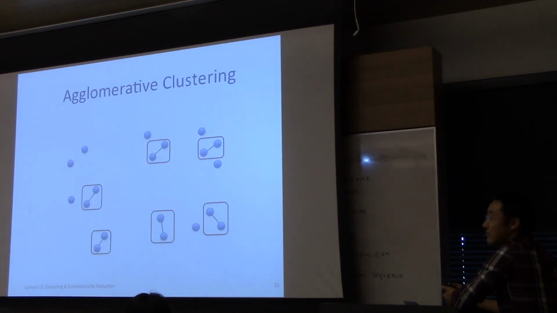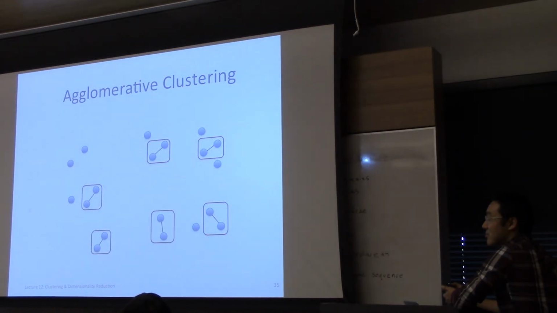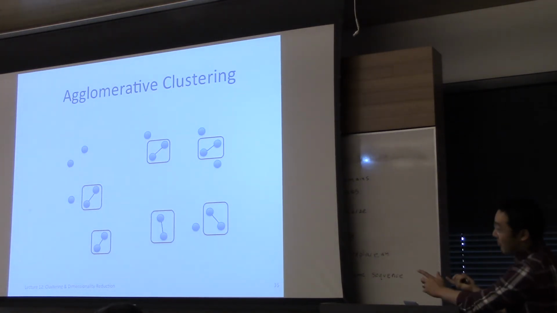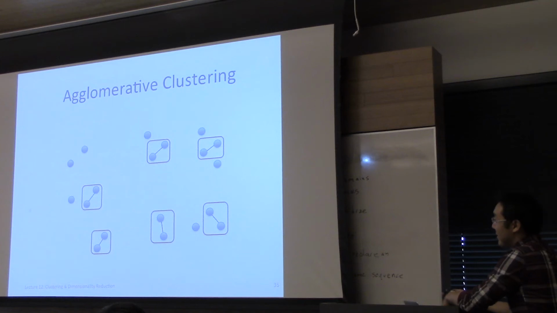So when you link 2 data points, you consider it as a single data point with coordinate the midpoint of those? There are different ways you can do it. One way is to consider this as a point that has surface area or volume. So the distance is actually the closest distance. I see.